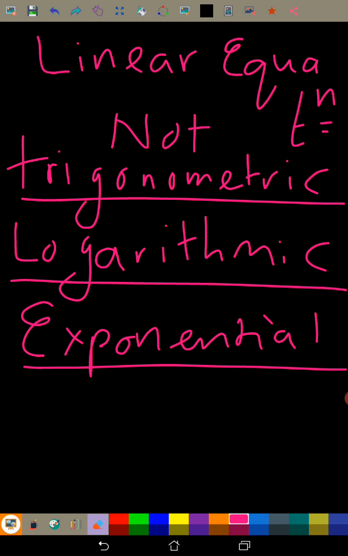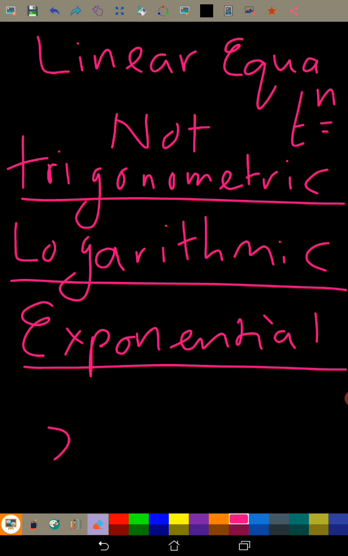Well, for now I think that's enough. You have these curves. Quadratic equations are also not linear, because they are simply not lines.